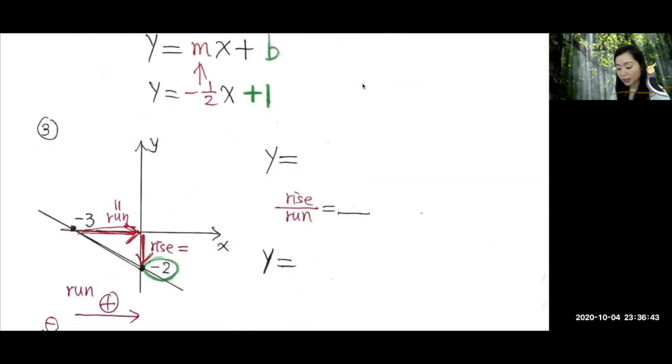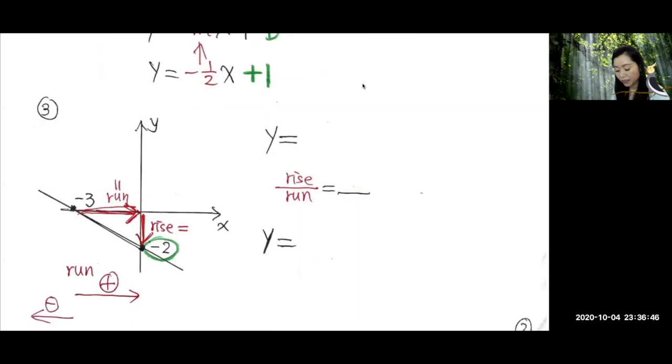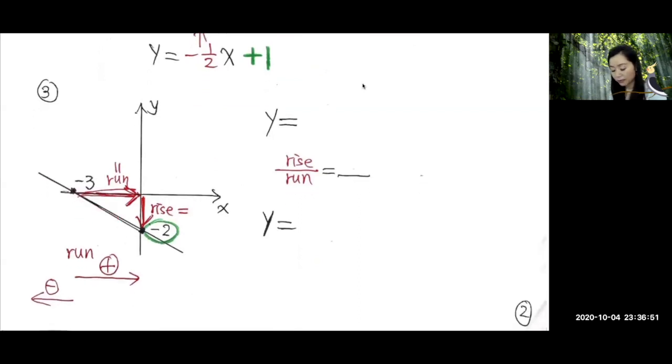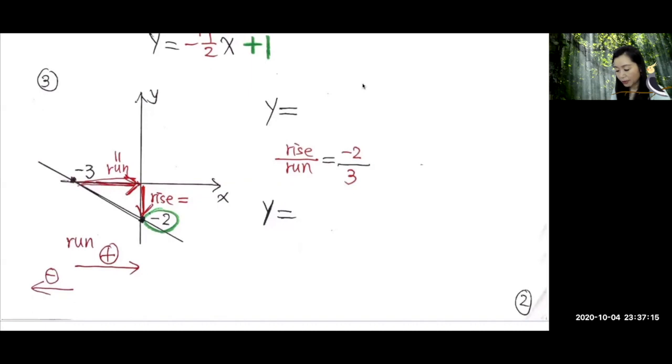Number 3. This time, again, we're given this line, and we'll try to write the equation of this line in slope-intercept form. Let's figure out the slope first. Rise over run: from this point to this point, you go down 2 units, so the rise is -2. Run to the right side, 3 units, so the run will be +3. What about the y-intercept?